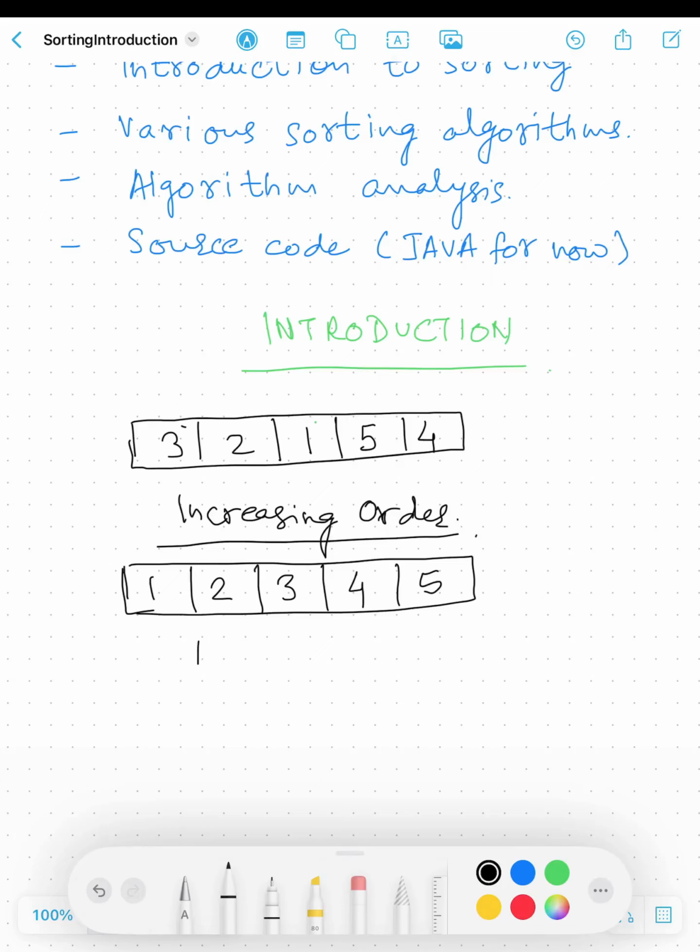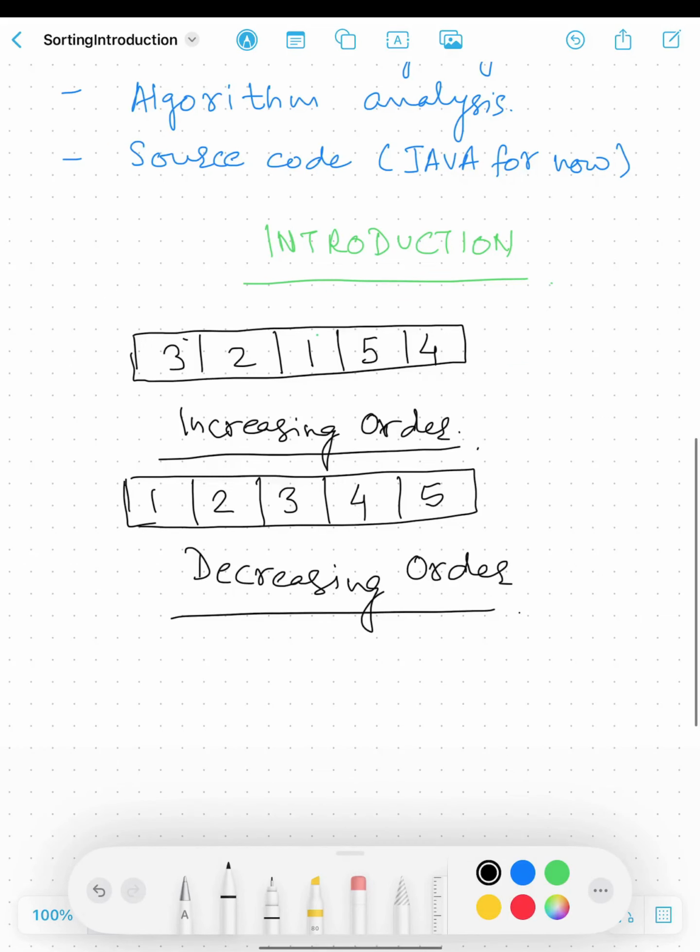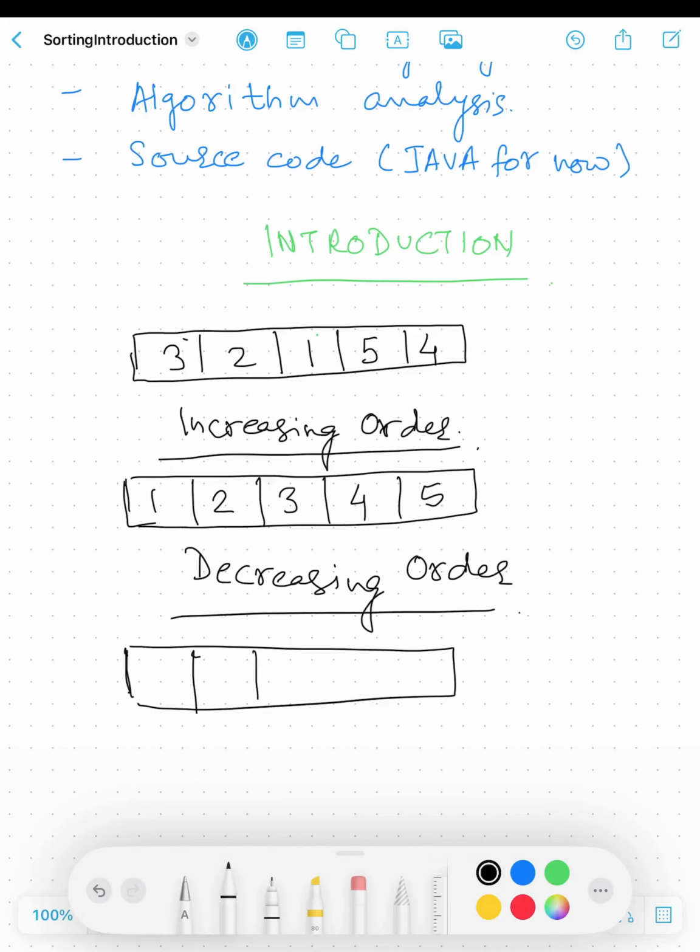Similarly, if we want to sort the same array in decreasing order, it would look like this, right? So this is basic sorting of an integer list.